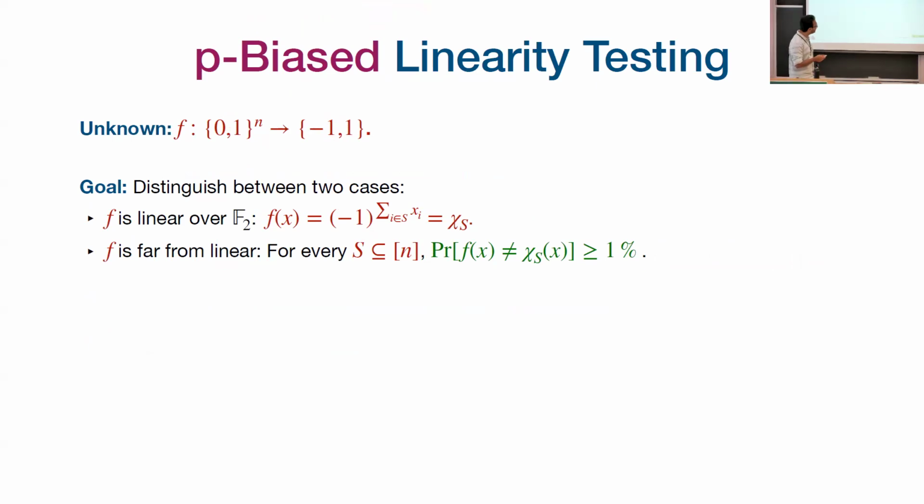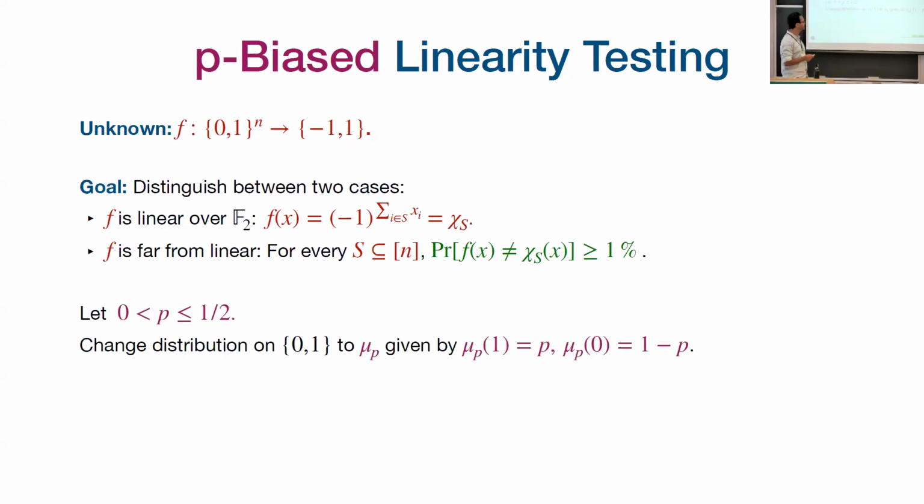The only thing is that earlier I said that the probability that f is not the same as some linear function is at least 1%, which meant that it disagrees from this linear function on 1% of the points in the hypercube. But now this 1% you can think of as coming from other distributions, and we'll consider one of the most natural other distributions, which is the p-bias distribution.